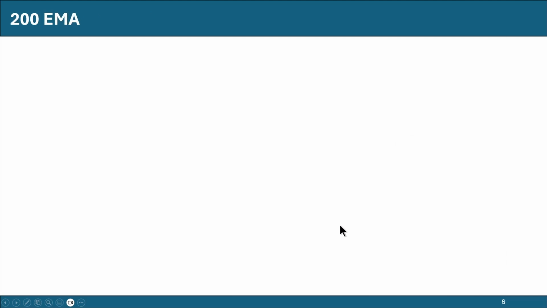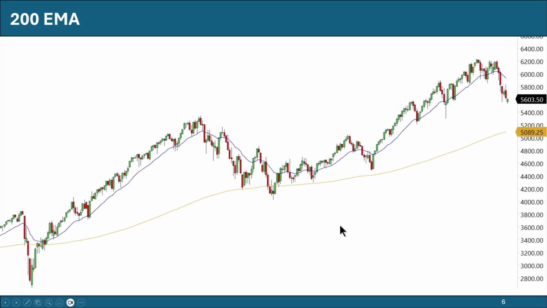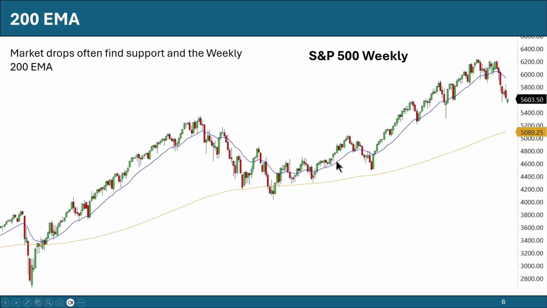Let's look at the 200 exponential moving average as a method of buying. That is the yellow line drawn on this chart, the 200 exponential moving average. And this is the S&P 500 weekly chart. I bring this up because market drops often find support at the weekly 200 moving average.